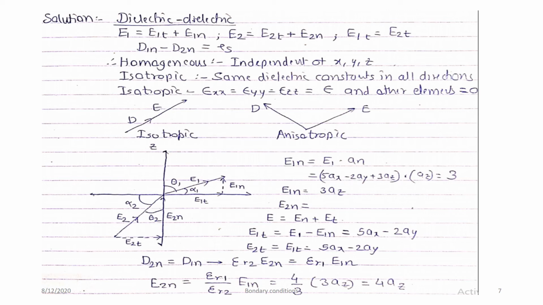E2t is equal to E1t, that is 5ax minus 2ay, because the tangential components are equal.